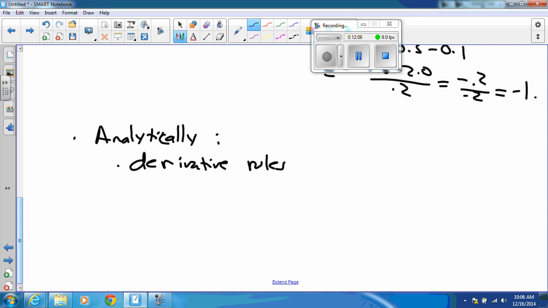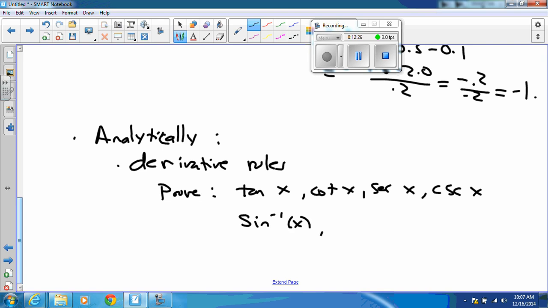I have a study sheet that you can use to do those. Should you be able to prove any of those? Well, you should be able to prove the simpler ones. Be able to prove the ones for tangent, cotangent, secant, cosecant, and also the ones for inverse sine, inverse tangent. If you can do those six, then you're pretty good to go as far as that goes.